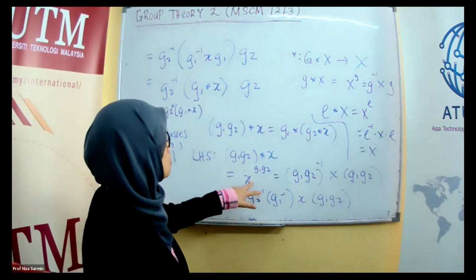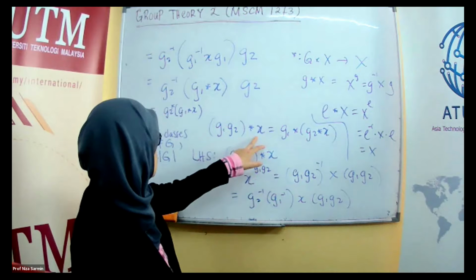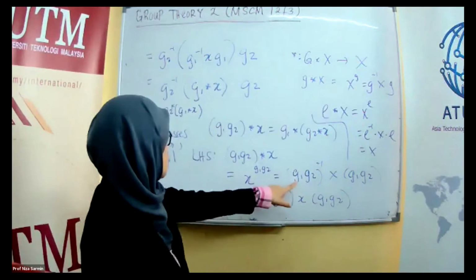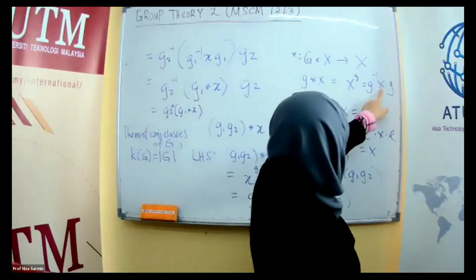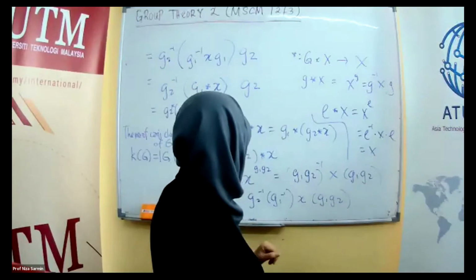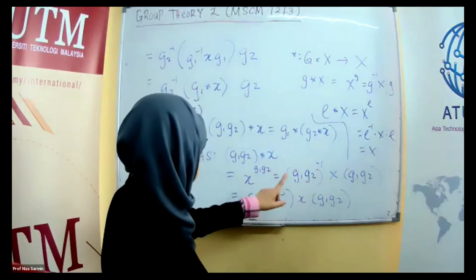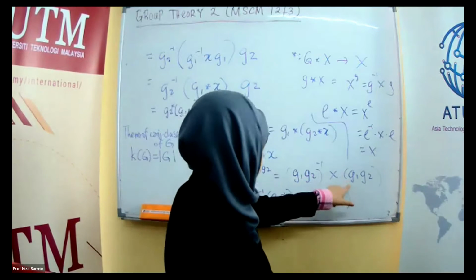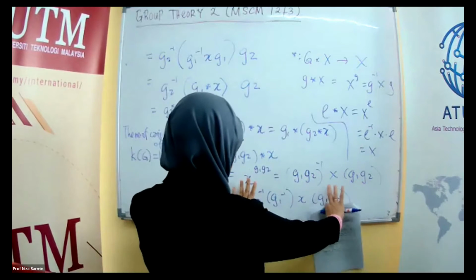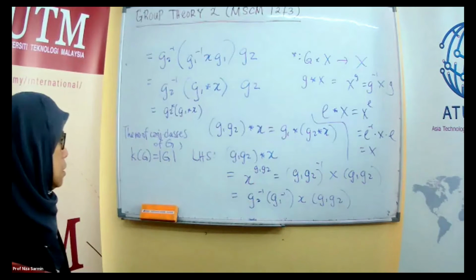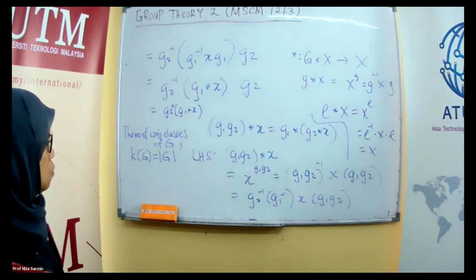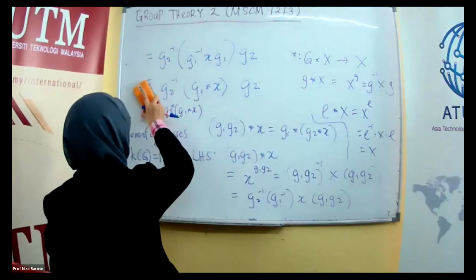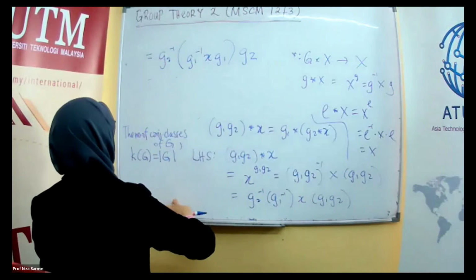So X to the G1, G2. So get that G1, G2 inverse X G1, G2. So this is G2 inverse, G1 inverse, X G1, G2. So take this part, that is G1 and the X. Good.